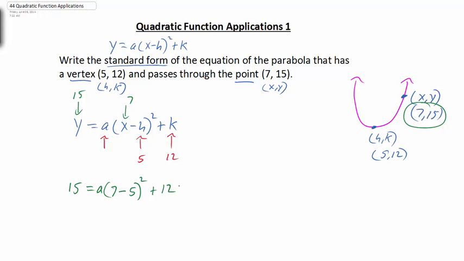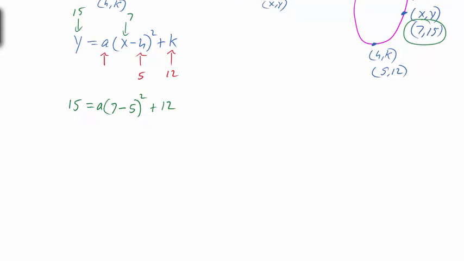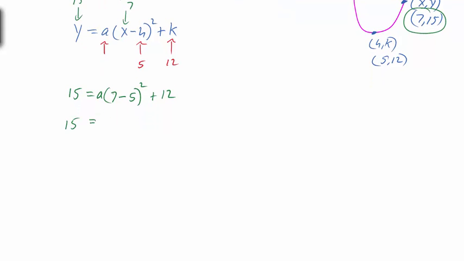All right, so then we're going to just simply solve for a. We would take 7 minus 5, which is 2, so that's squared, plus 12. And 2 squared is 4, so I'm going to write this as 4 times a.